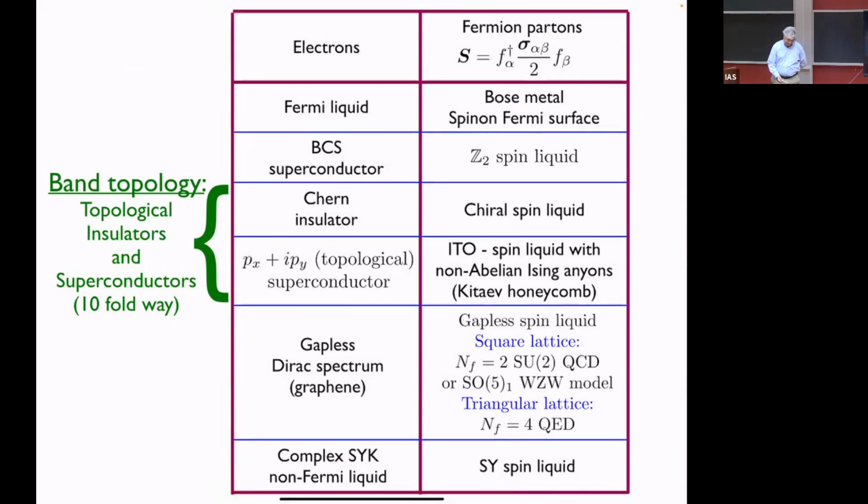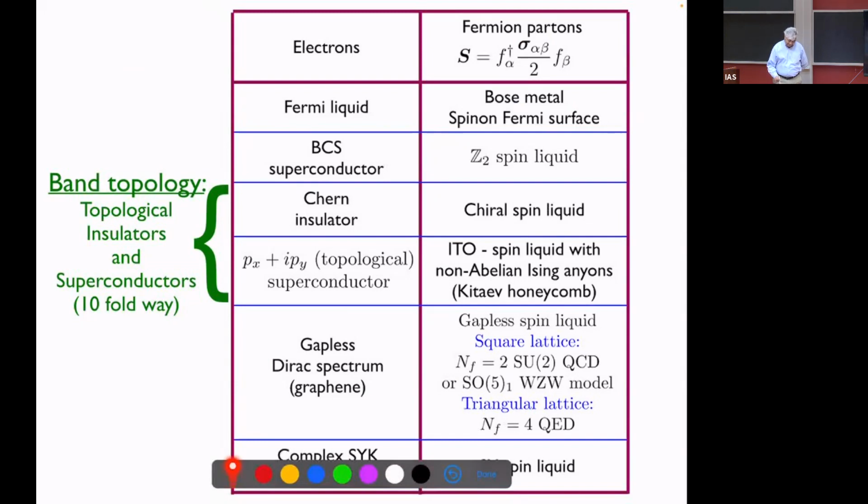You could take electrons and give random interactions between them, as Kitaev did for his Majorana fermions. And if you did this for complex fermions, you get what's now called the complex SYK model. It's some kind of non-Fermi liquid model of electrons. But if you did it with partons, you can get a very similar state.